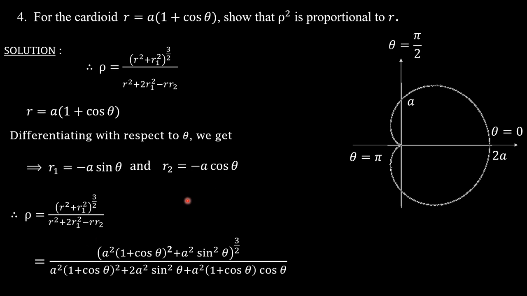So minus into minus, it becomes plus. So plus r into, that is a into (1 plus cos theta) into a cos theta.